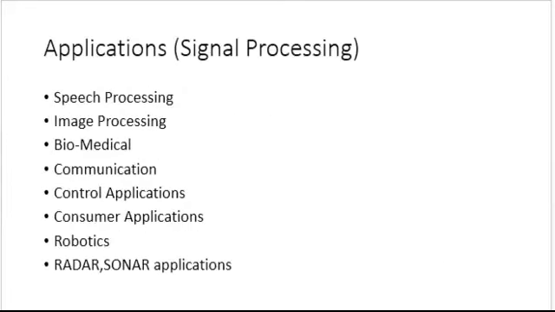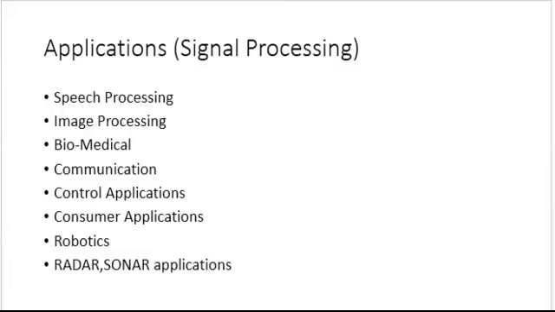Then coming to the applications: we already saw that signal processing is applying something on the input and obtaining a desired output. Now we'll see the different types of applications of signal processing. Signal processing is used in speech processing, image processing, biomedical signal processing, communications, control applications, consumer applications, robotics, and radar and sonar applications.